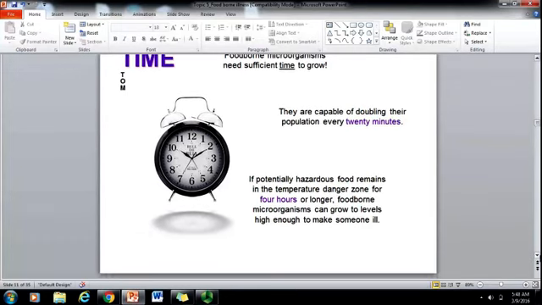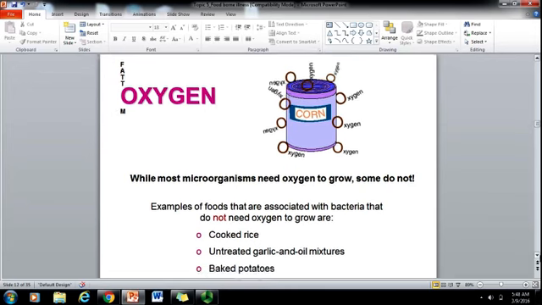The other factor is oxygen. Most pathogenic bacteria cannot live without oxygen, but there are some pathogens that can, which we classify as anaerobic pathogens, such as Bacillus. Bacillus can survive without oxygen in cooked rice, baked potatoes, and also in untreated garlic and oil mixtures.